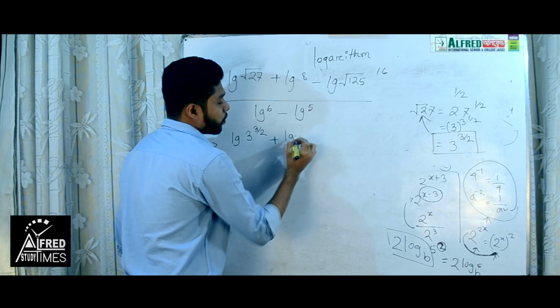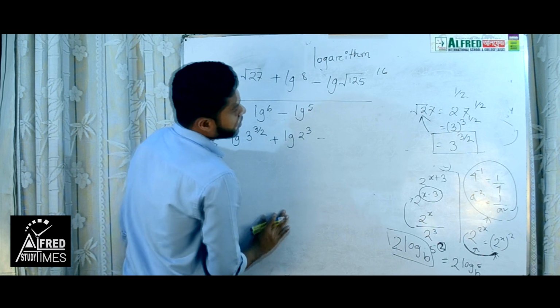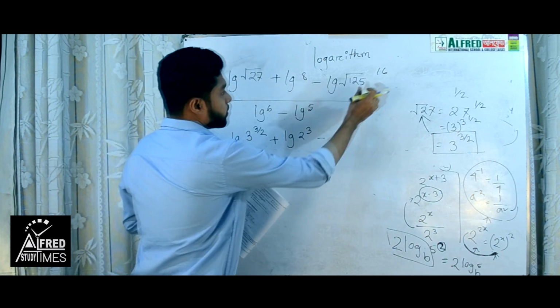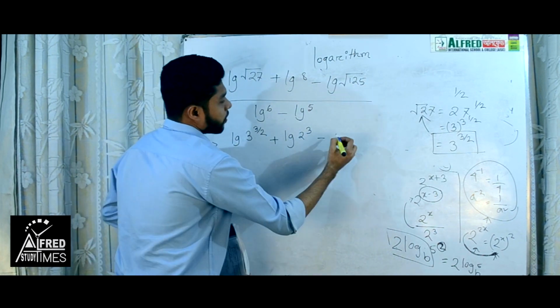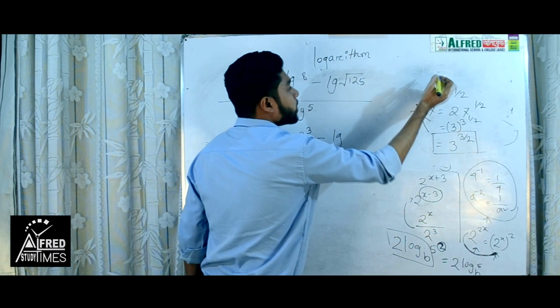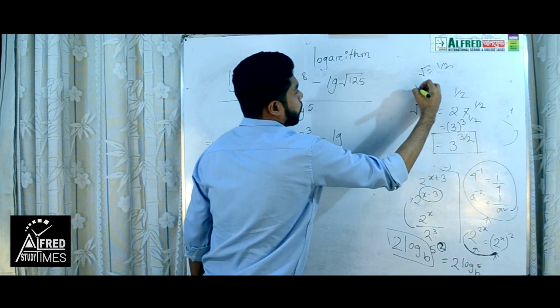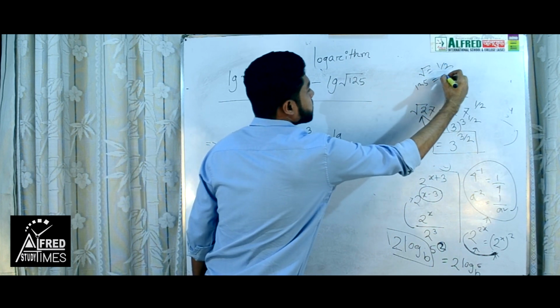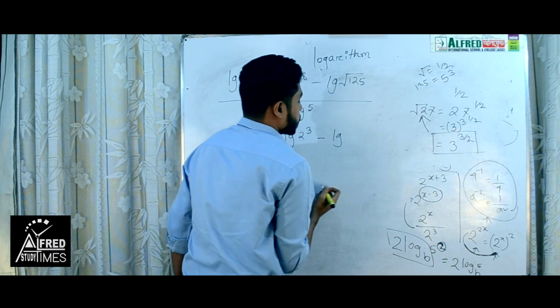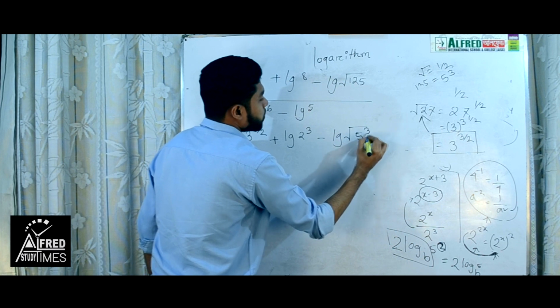Here we can write log 2^3 minus, in the same way, log √125. Here I say that root means half, and 125 you can write as 5 cubed, so root 5 cubed, your choice.